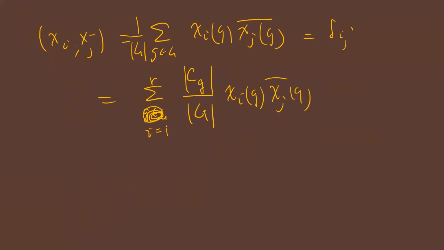So I just change it to be the number of conjugacy classes. This is delta_ij.